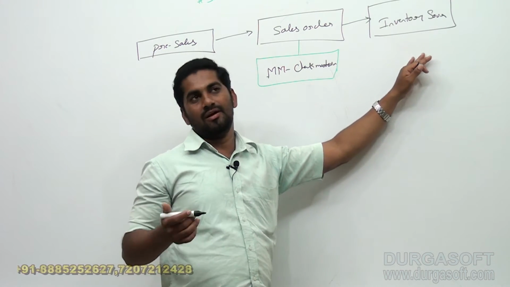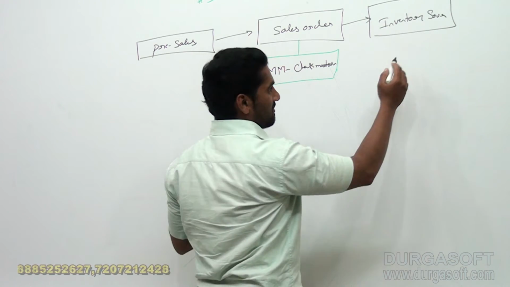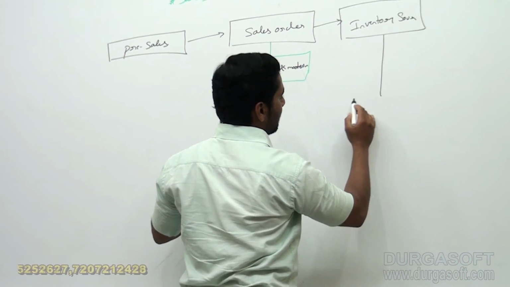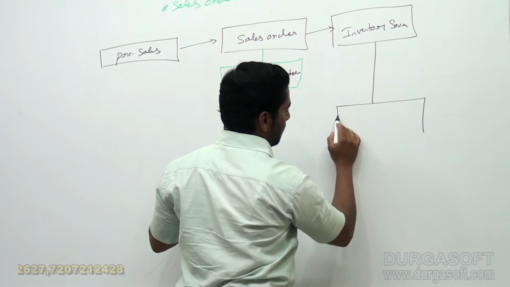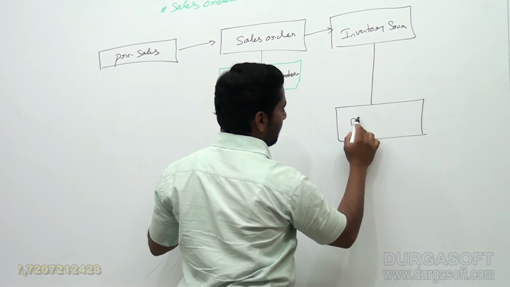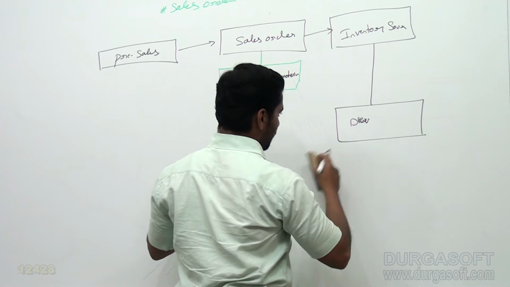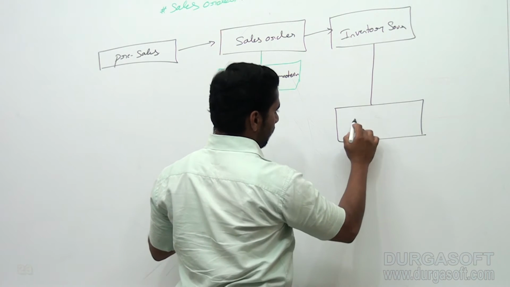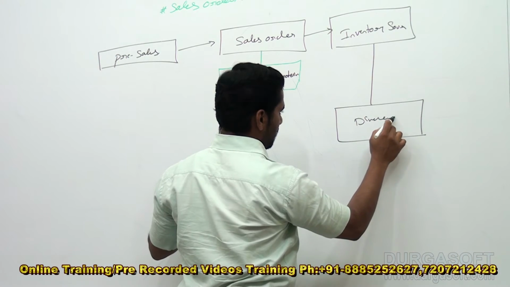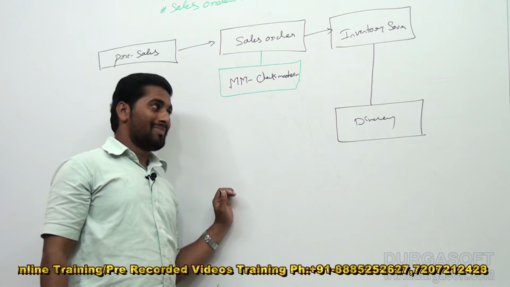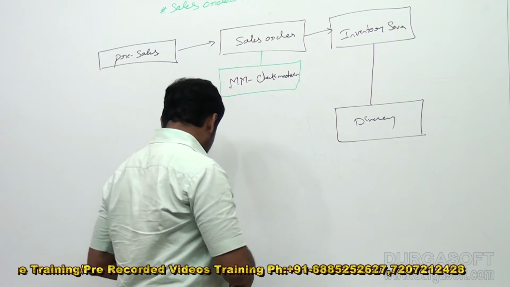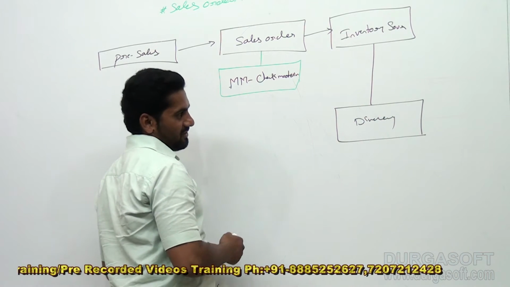That's called delivery. Once we get the order purchased, we go with the topic called delivery. We need to deliver the product in different ways. Again, the delivery has different ways.